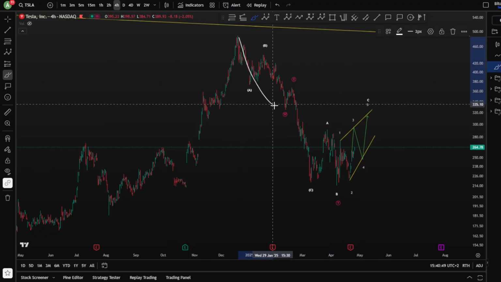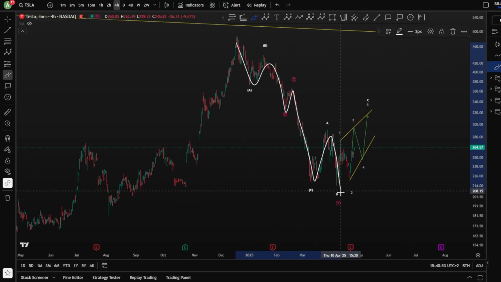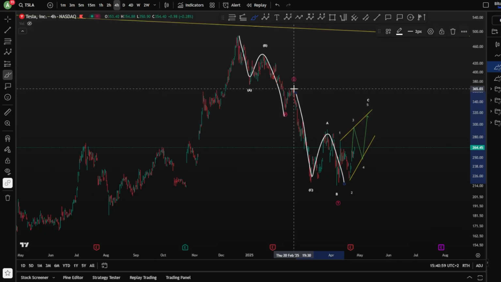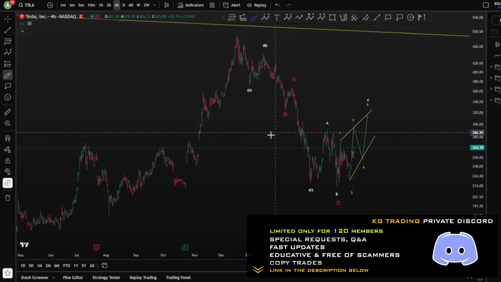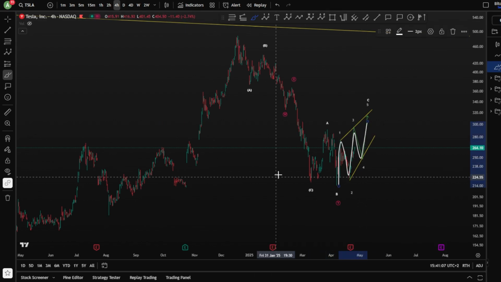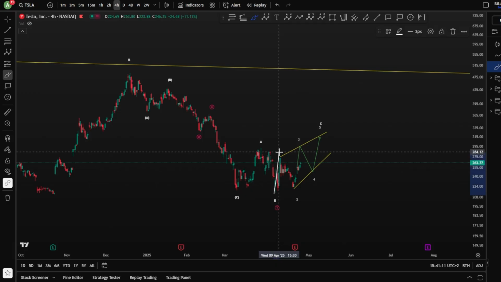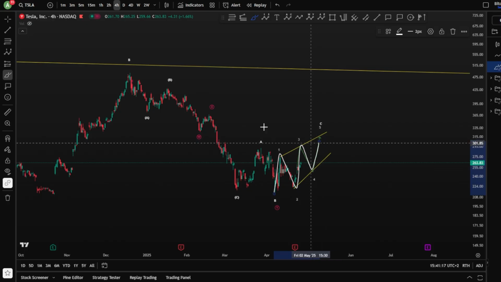This can be written as 3 waves down, correction, impulse, or wave Y in a zigzag. So a double zigzag for W, X, and a Y is also very possible. If this is the case, you would like to see a kind of recovery toward the upside. In this scenario, we are looking potentially for a zigzag in a wave 1, correction in a wave 2, looking for higher in wave 3, 4, and a 5.